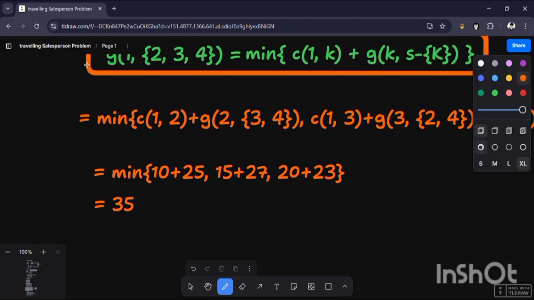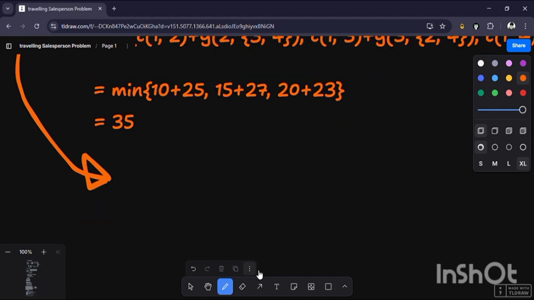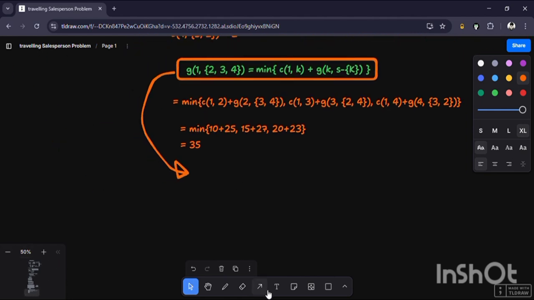Let's construct the path, and for that we write here j of 1 comma 2 comma 3 comma 4 will be equal to 2.